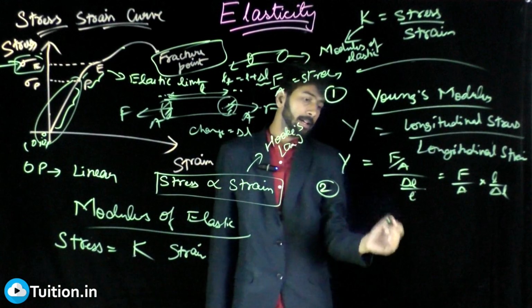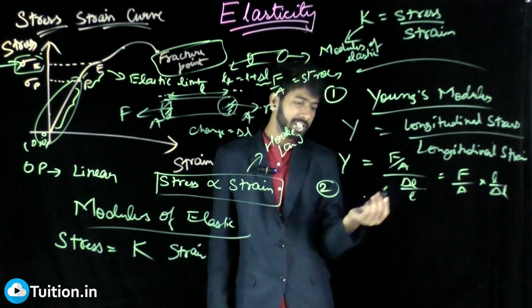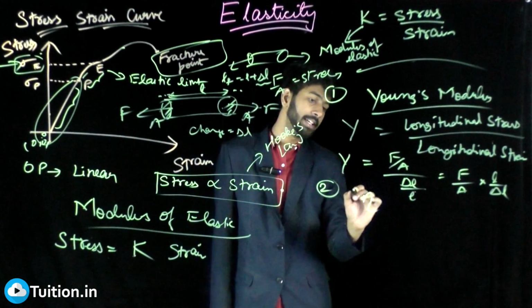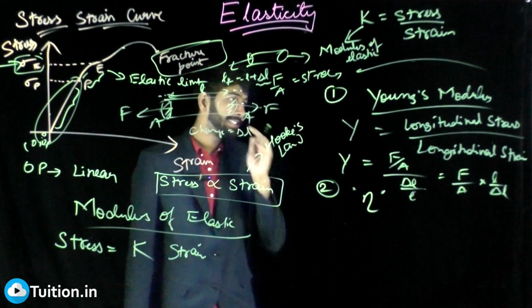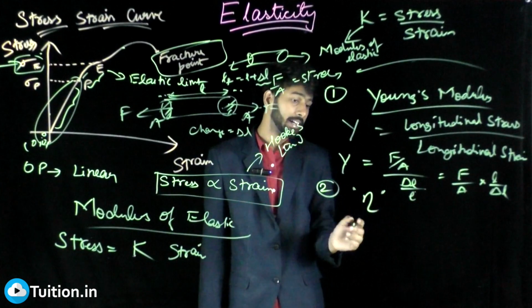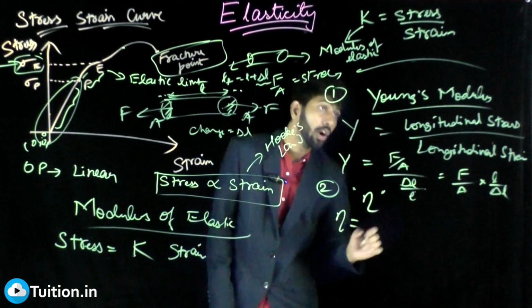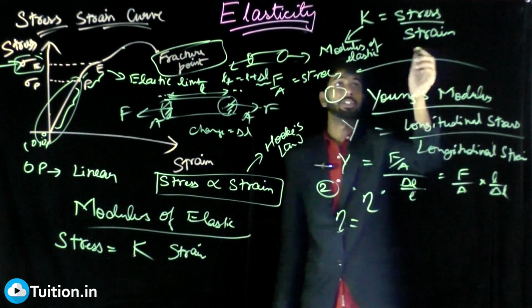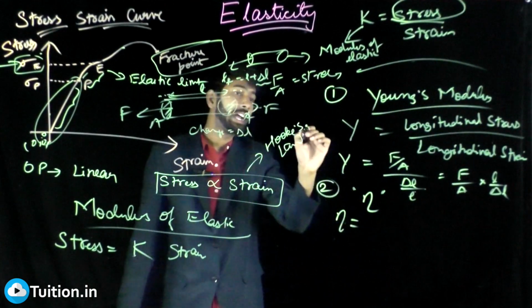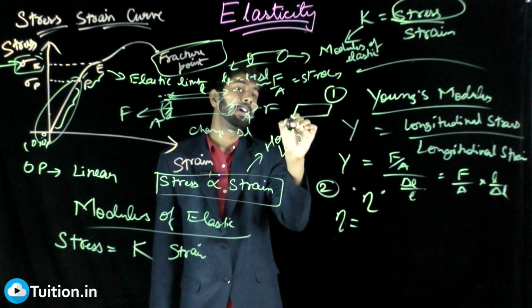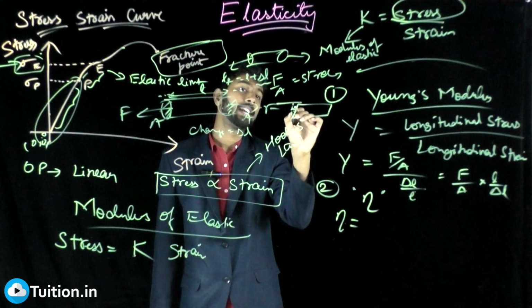Coming to the shearing modulus, which is basically your eta, right? Eta is represented by shearing stress over strain. What was shearing stress? Shearing stress was your Ft by A. So in that body, if you remember, this was your theta, right?